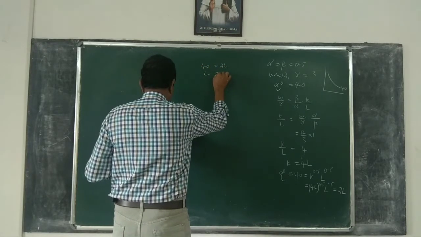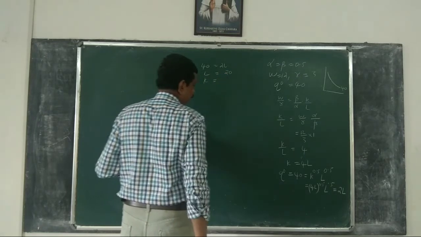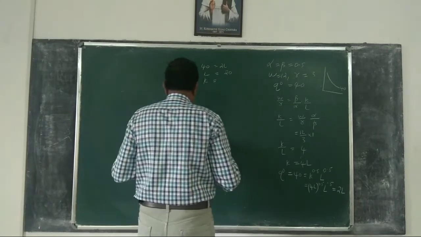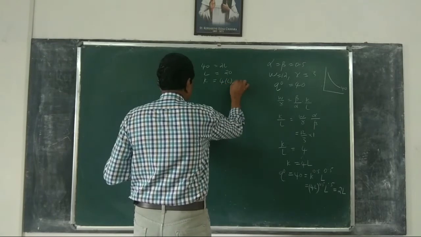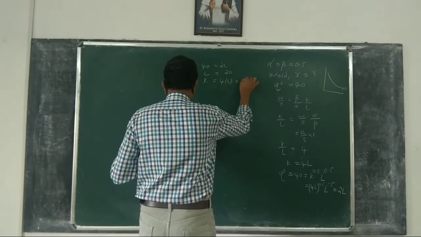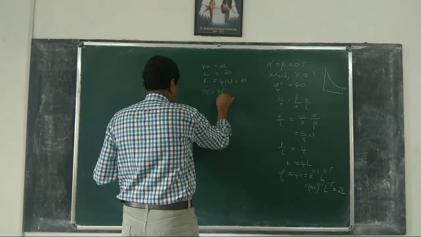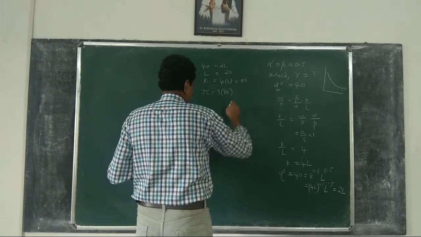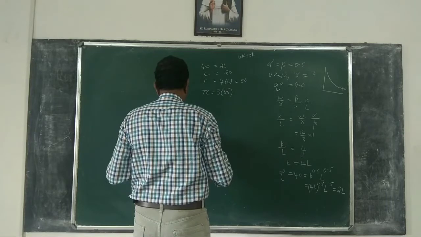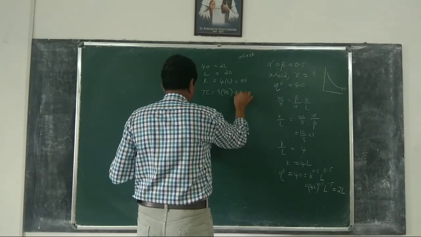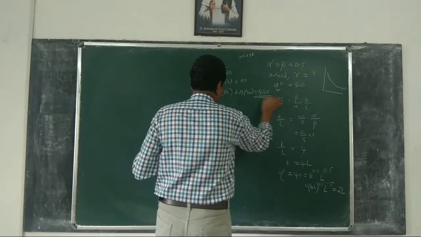That means 40 is equal to 2L, and L is equal to 20, and K is equal to 4 into L, which is 4 into 20, 80. So total cost, that is WL plus RK, is 3 into 80 plus 12 into 20, which is equal to 480.